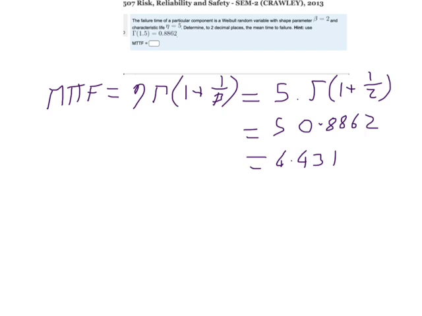The other way, I guess, to do this is to find the reliability function. So the other way you can do it is to find R of t for the Weibull distribution.